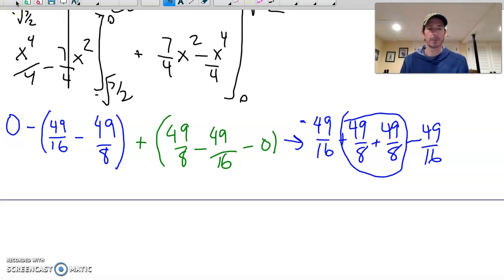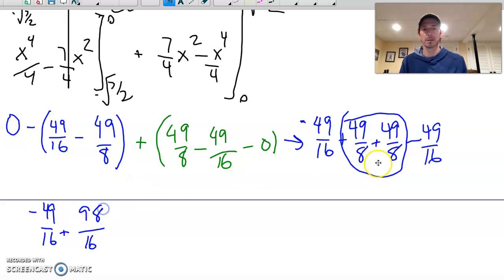Quick pause, because instead I think what I'm going to do is turn everything into sixteenths. So negative 49/16 plus, turn that next one, I have to double it, and 49 doubled is 98. I'm going to do the same thing here, so I'm going to have another 98/16, and then I have a minus 49/16.